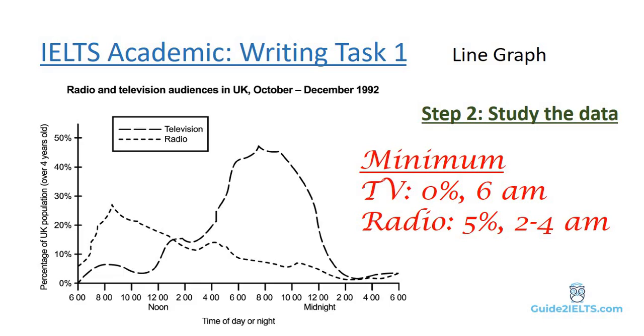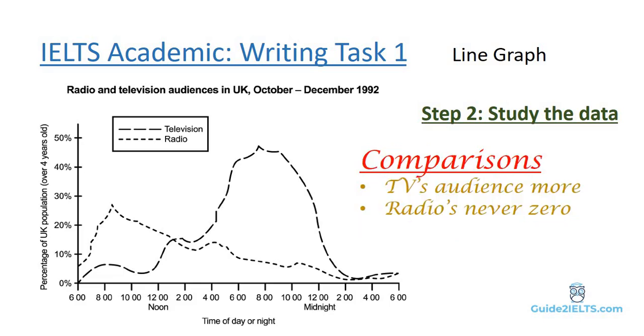Compared to radio, television audience has a higher percentage, approximately 45% at its highest point, whereas the maximum for radio is just around 30%. In contrast, radio listeners are never zero, whereas TV viewership is zero at least for some time, around 6 a.m. Another important feature is the reversal of trend about when the two have maximum audiences.